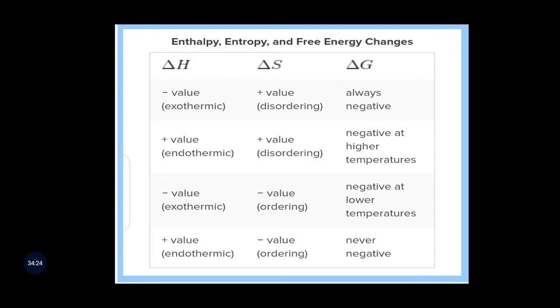But if you have your enthalpy positive and your entropy negative, then your Gibbs free energy can never be negative, and such a reaction will not be spontaneous. So study this table very well and get the interpretation so that you can apply it when required.